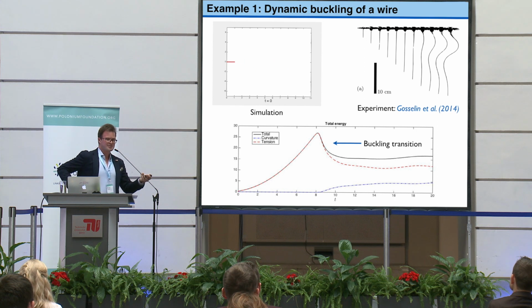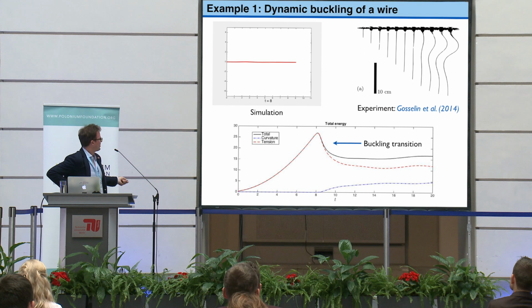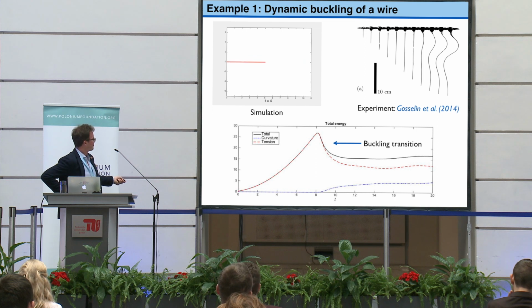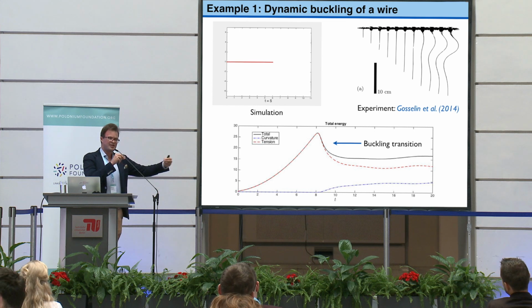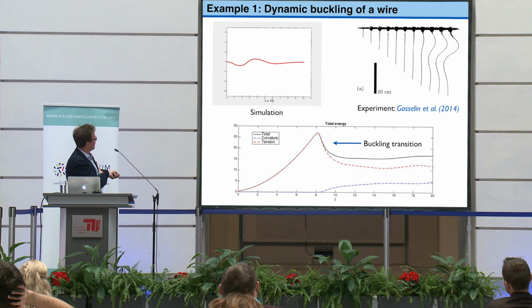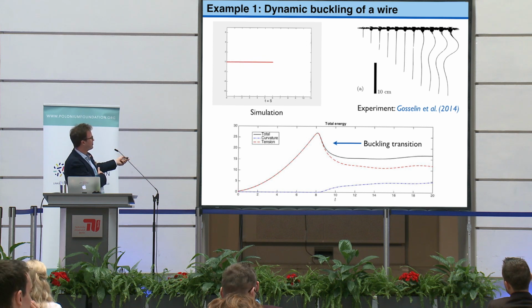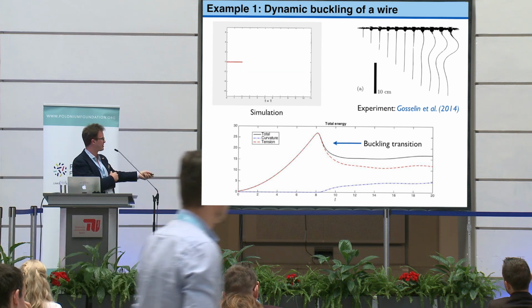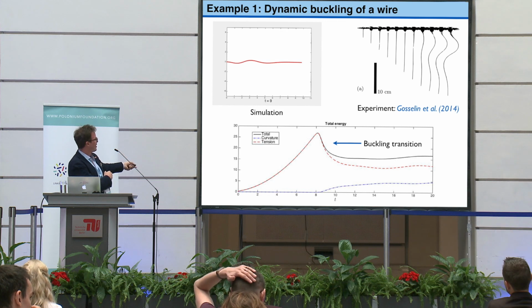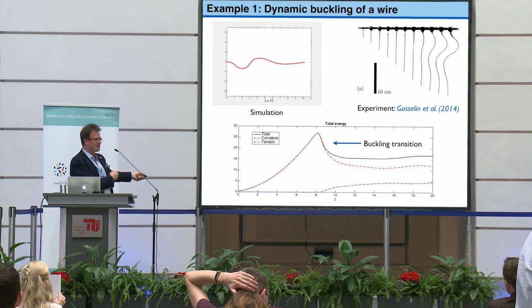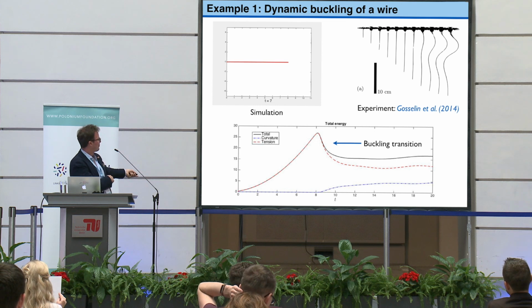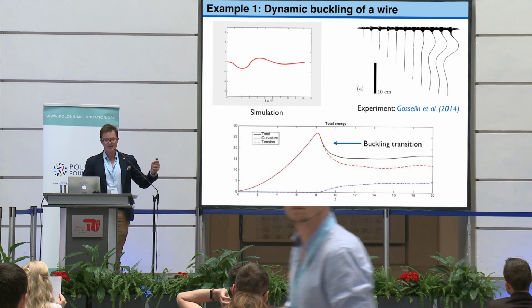If you look at the energy of this filament, first, when it stretches out, it's stretching out against the fluid, so there is a drag force acting on it. Then, at some point, it's too compressed, so it has to release energy by buckling, by deforming, and then the total energy decreases. The energy stored as compression is lower, but then more energy is stored in curvature.